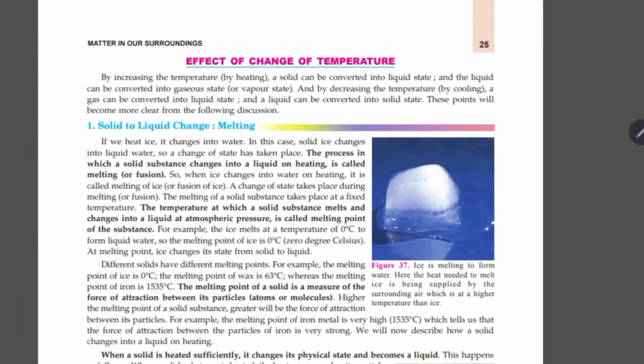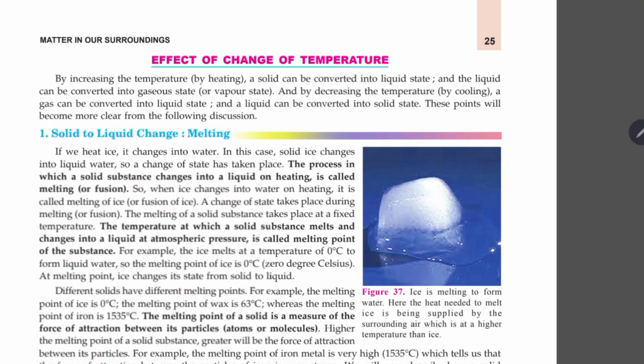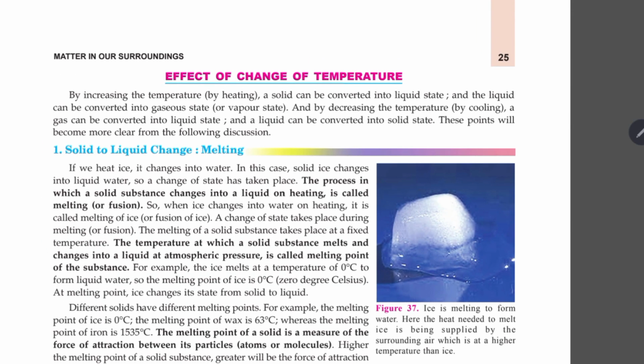Next page, effect of change of temperature. One general thing I want to say to all of you: when I want to change from a solid to a liquid state, I actually want to bring out a change where a very close packed structure is going to convert to a comparatively loosely packed structure.